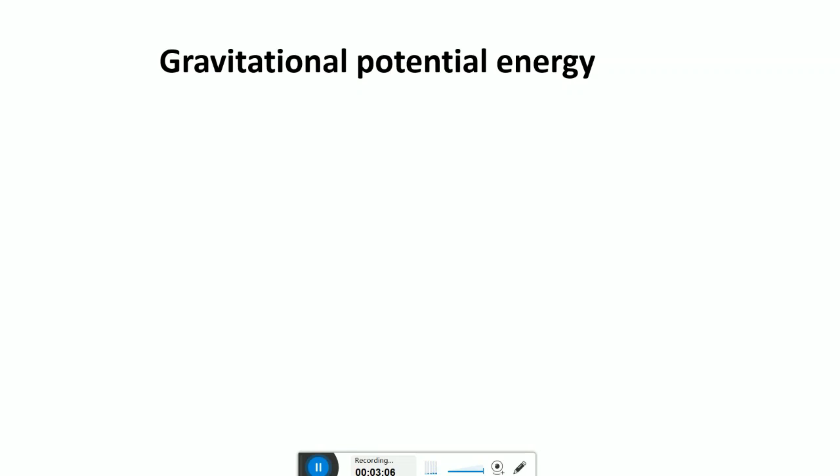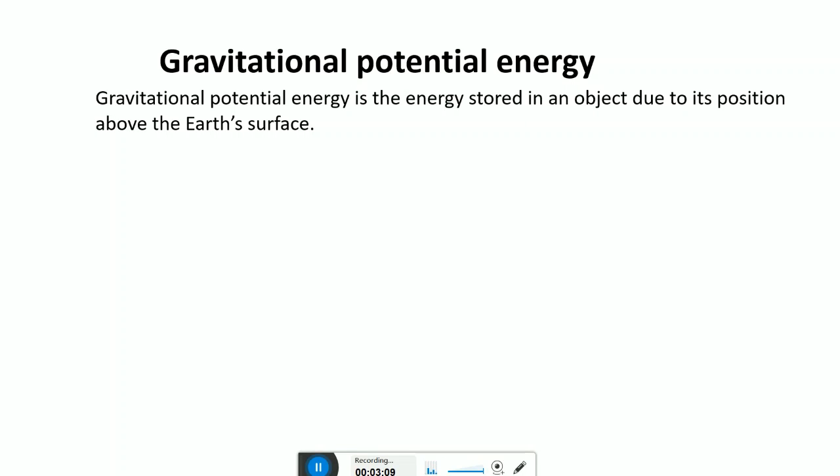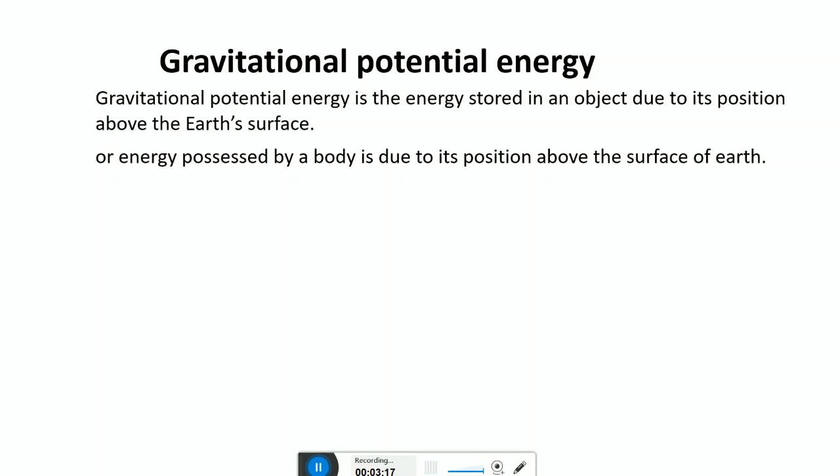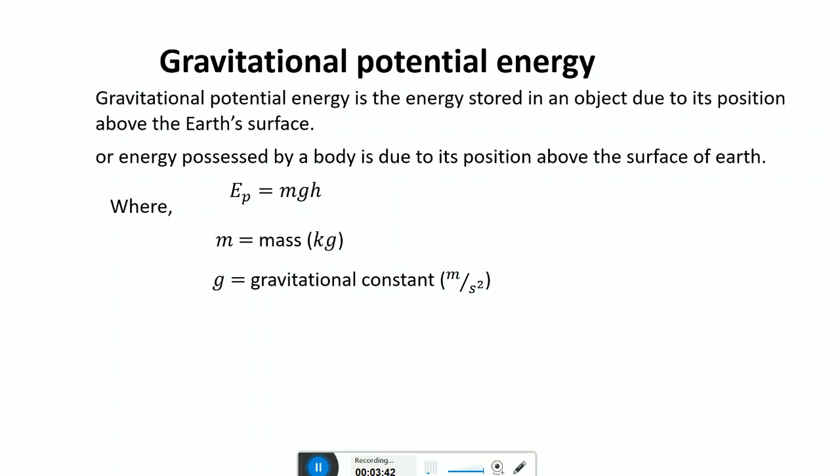Gravitational potential energy. It is the energy stored in an object due to its position above the Earth's surface, or energy possessed by a body due to its position above the surface of Earth. Mathematically, gravitational potential energy, that is EP, is equal to mgh, where m is mass of a body, g is acceleration due to gravity, h is height.